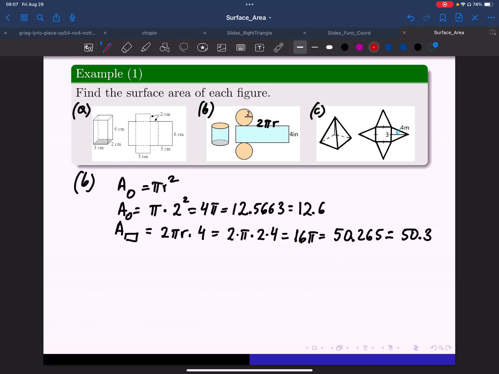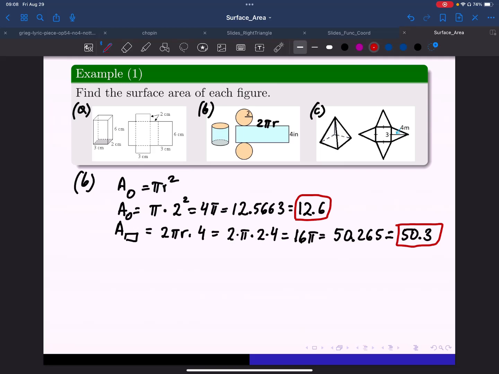For the total surface area, we need to add the bottom and the side, but pay attention because we have a circle on the bottom and a circle on the top. So we need to add this area twice because this is only one area of this one.